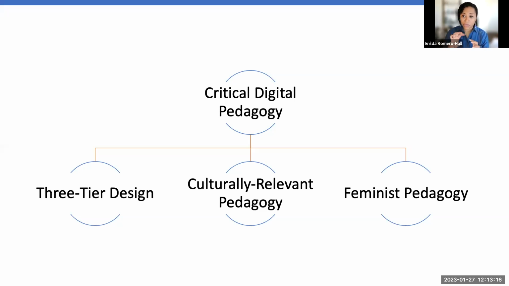And then I consider elements of feminist pedagogy, because it helps me reflect and think on my practice as an instructor with equity and inclusion for all in mind. But as I mentioned before, I'm going to be focusing today on that 3-tier design process.